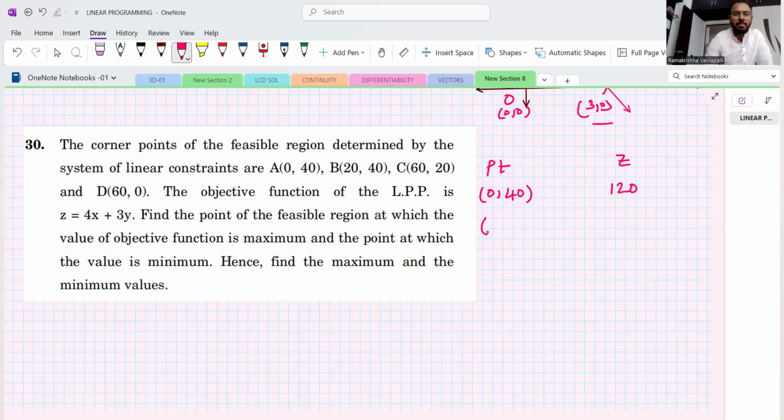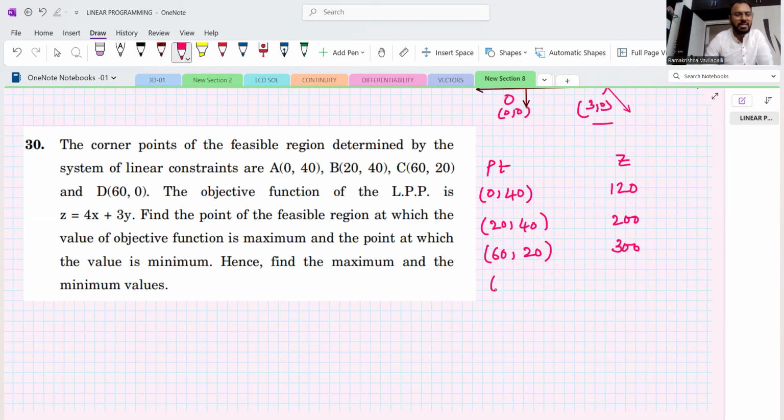At (20, 40): you will get 80 plus 120, that is 200. Substitute (60, 20): 240 plus 60, that is 300.